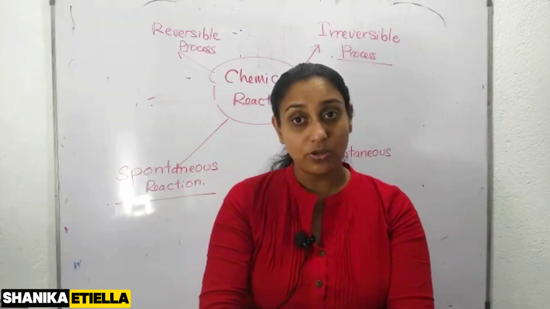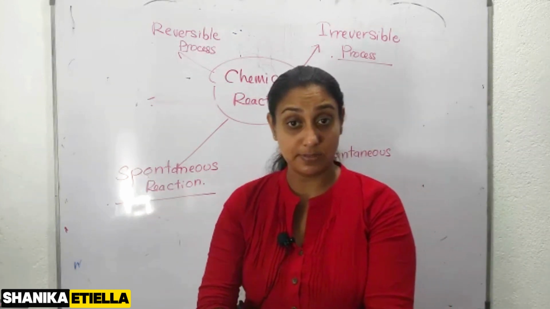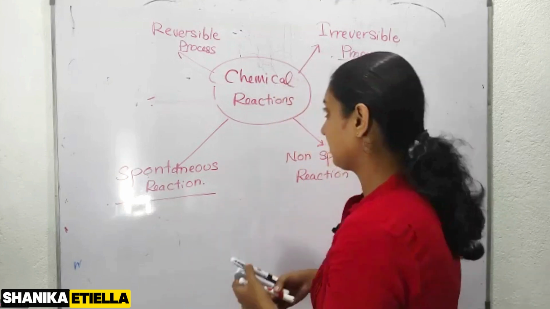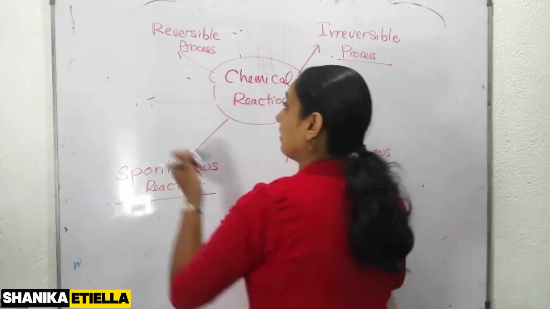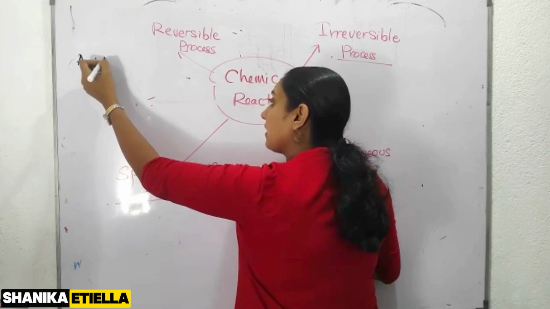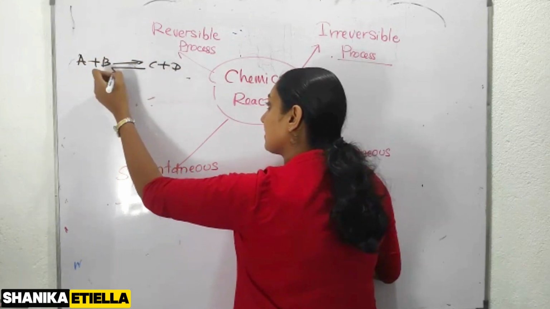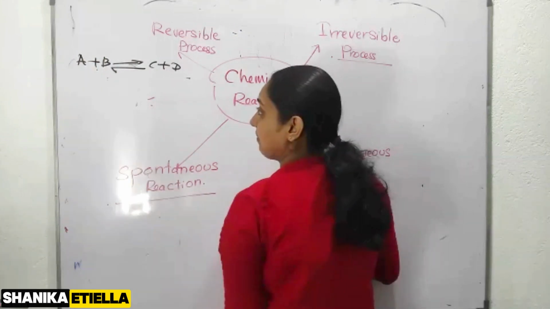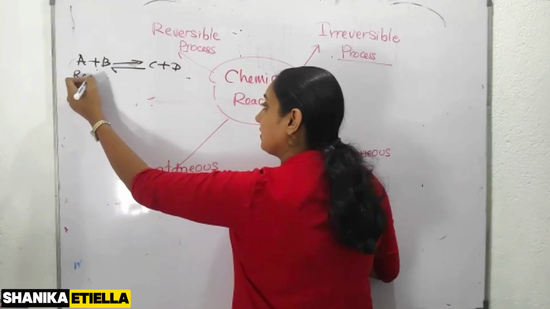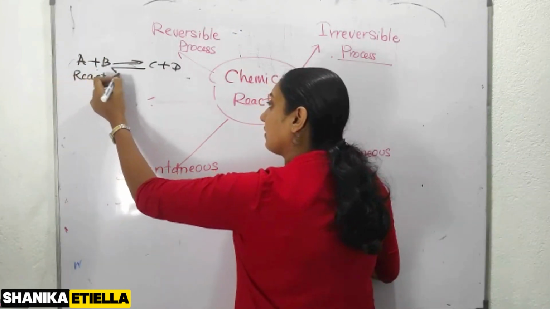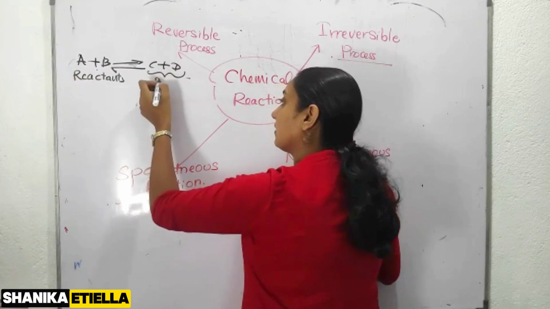Then the last two, the reversible process and the irreversible process. What is a reversible process? A plus B can form C plus D, as well as C plus D converting back to A plus B. Those are reactants, and those are products.